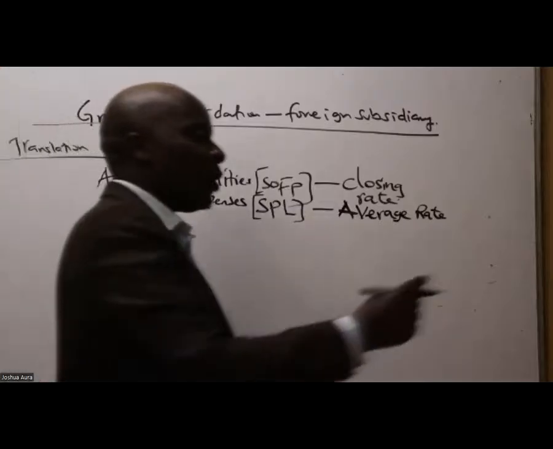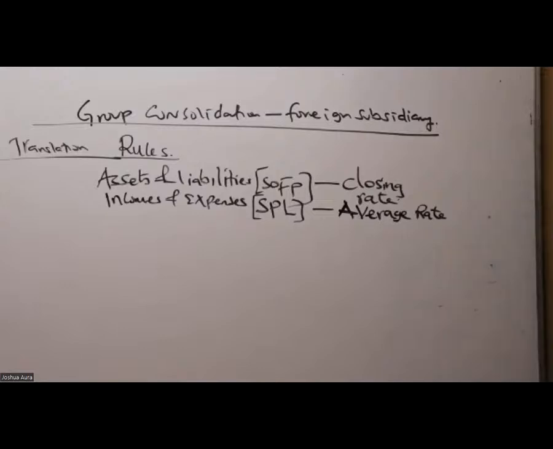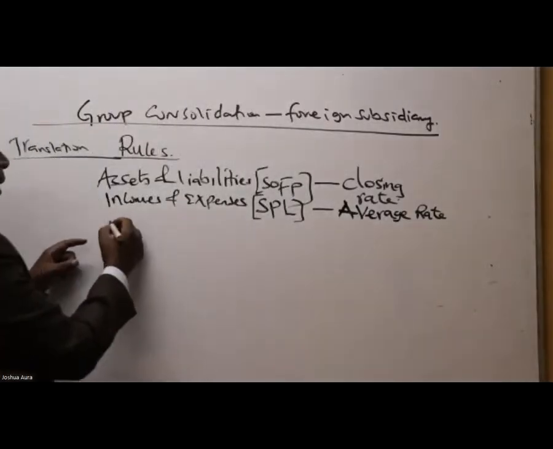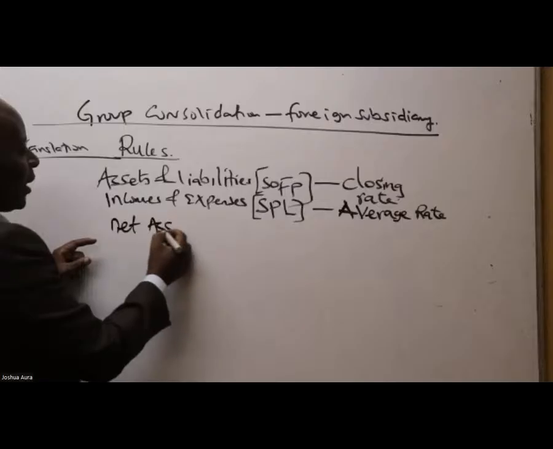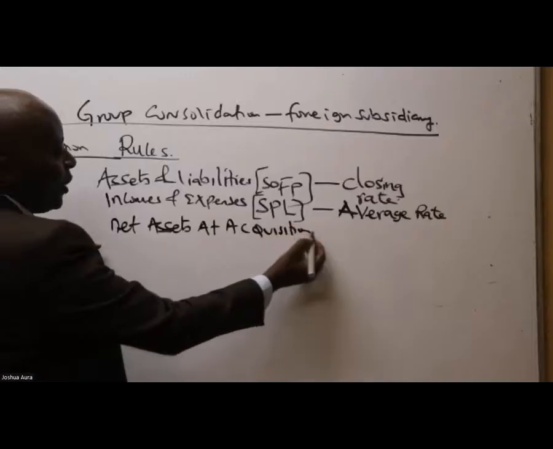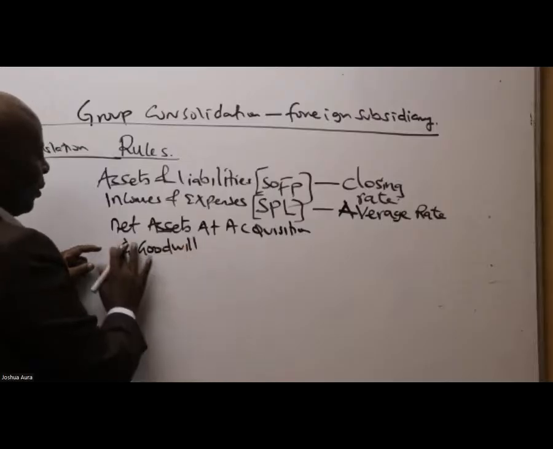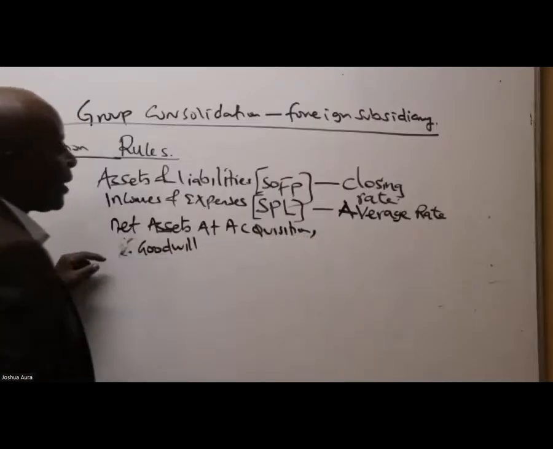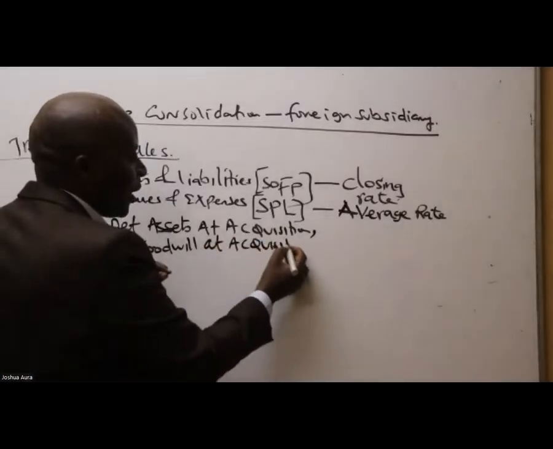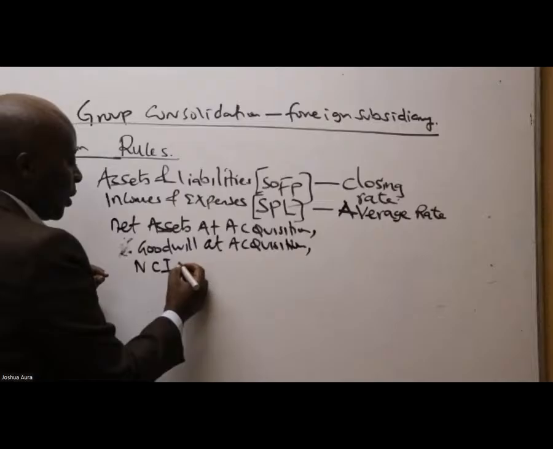And then, ladies and gentlemen, of course, we have acquisition. When you are acquiring, for example, a subsidiary, you'll be having net assets at acquisition, goodwill at acquisition. I want to keep on insisting on this. Goodwill at acquisition. Talk of NCI at acquisition.